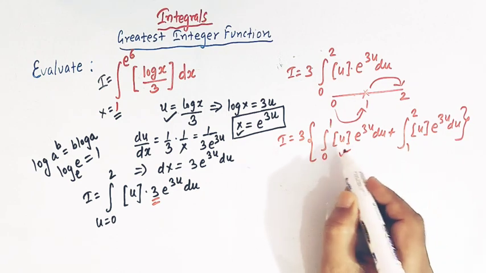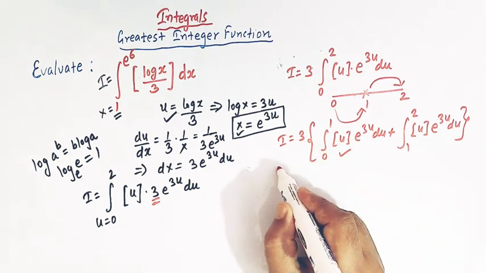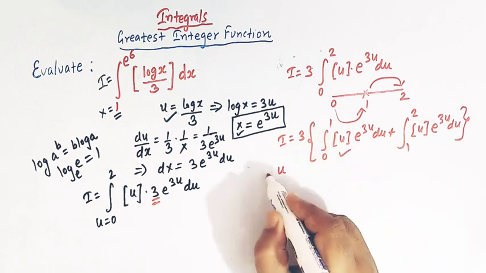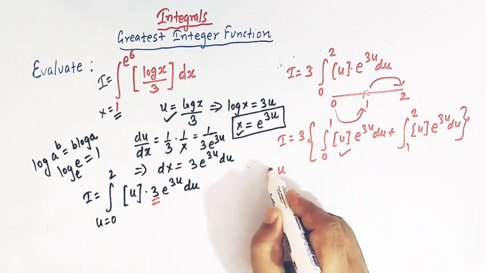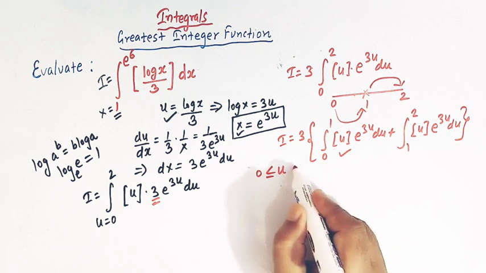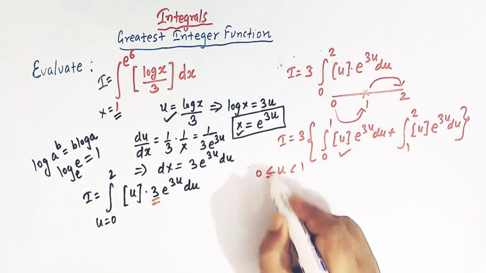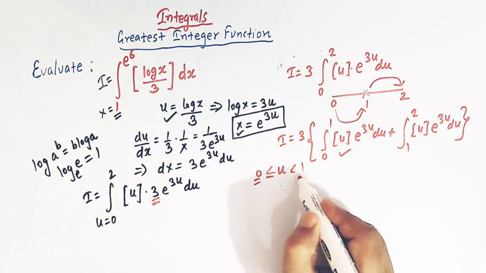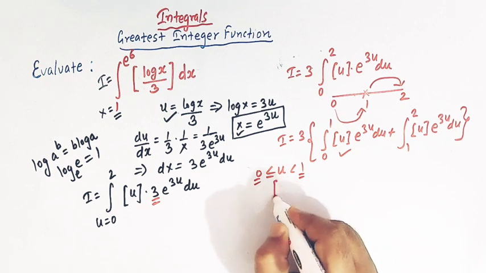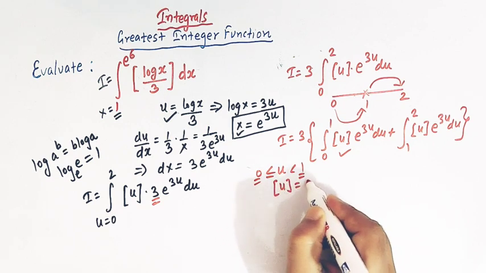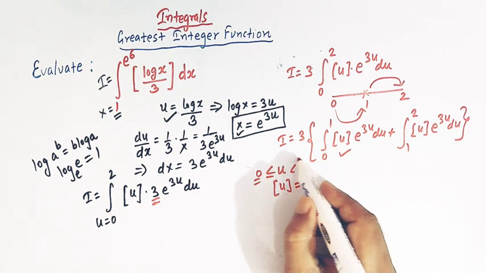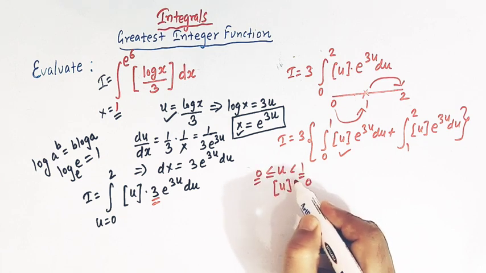So here in the first integral, the value of u varies from 0 to 1, right? Whenever u lies between 0 and 1, then the greatest integer of u is equal to 0. This is the definition of the greatest integer function.